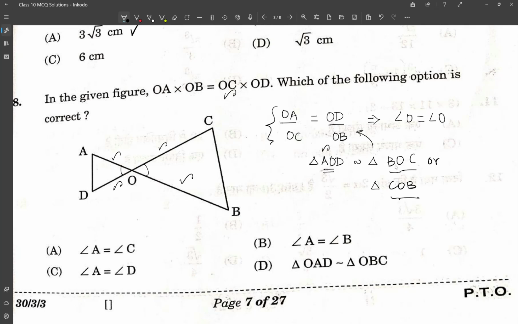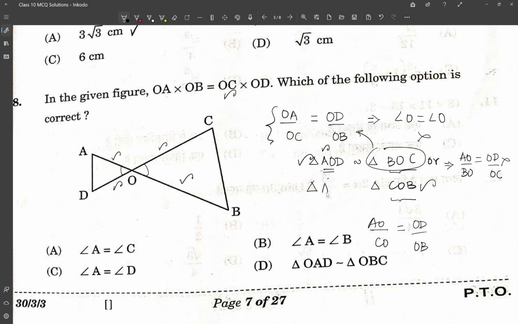So AO by BO. If I use this AO by BO, is that equal to OD by OC? That's not correct. So what about this? In this case, AO divided by CO is equal to OD divided by OB. So this triangle fits perfectly here. So it should be AOD. So this does not fit in here. So triangle AOD is similar to triangle COB.